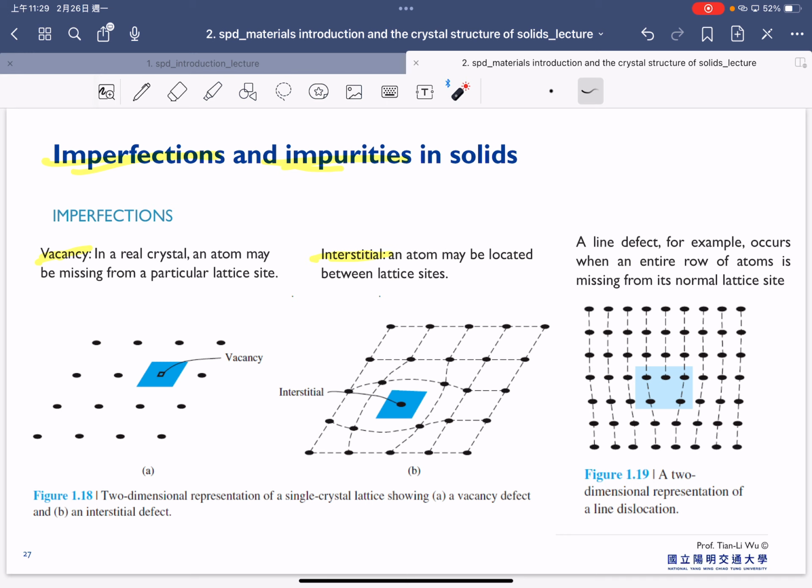And also, it can have what we call the line defect. This very often happens between semiconductor and semiconductor, because these are two different materials. For example, this can be one semiconductor, this can be another semiconductor, and it always becomes a problem once these two want to be connected with each other.